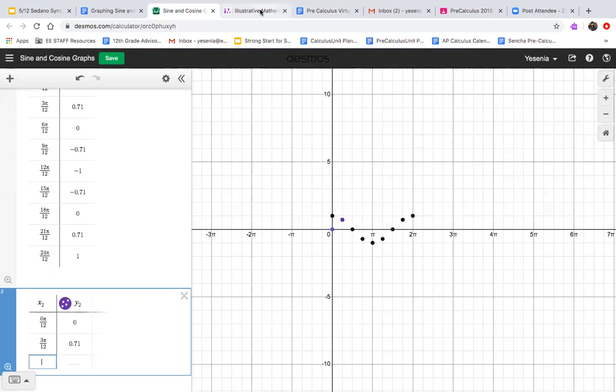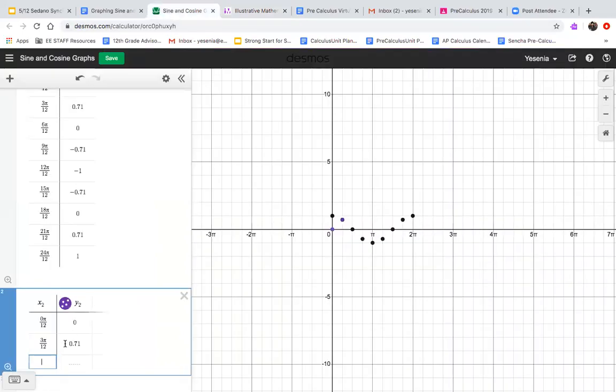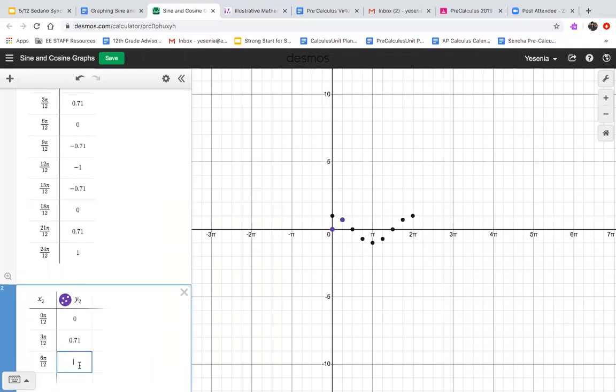And then let's go back to our tool. When we're at 6 pi over 12 radians, my sine is now 1, not 0 like cosine is. So sine is now 1 at 6 pi over 12. So it looks like that. Notice how cosine starts off decreasing, and we're noticing that sine starts at 0 and starts to increase. So it's kind of opposite right now.